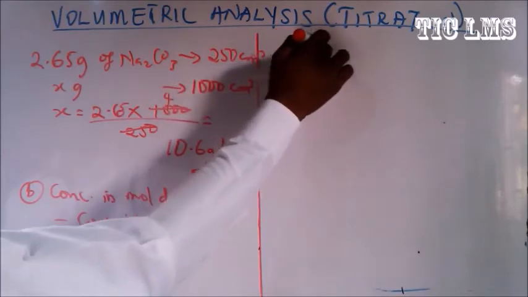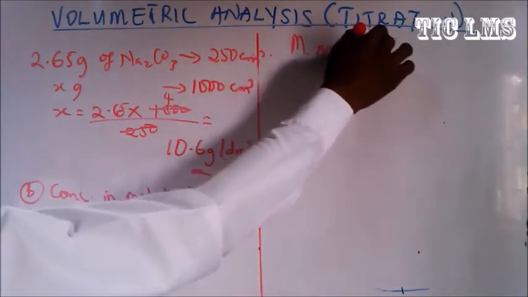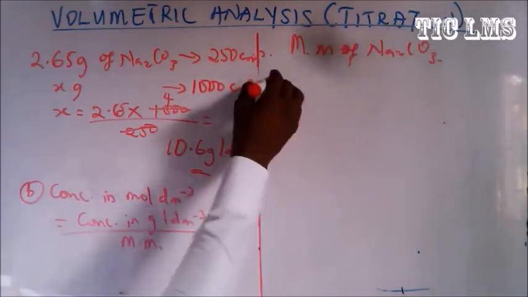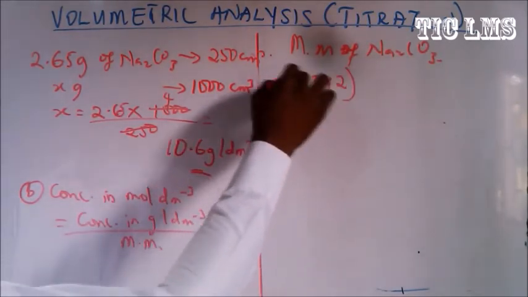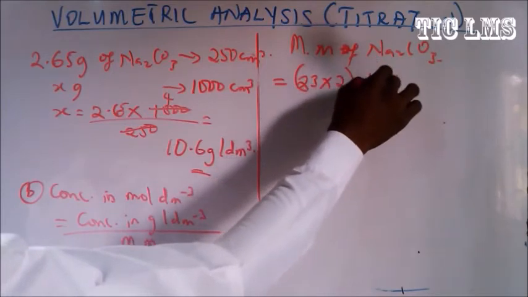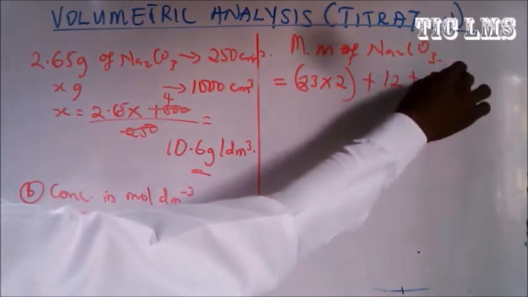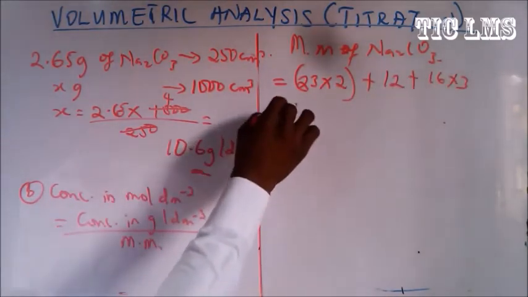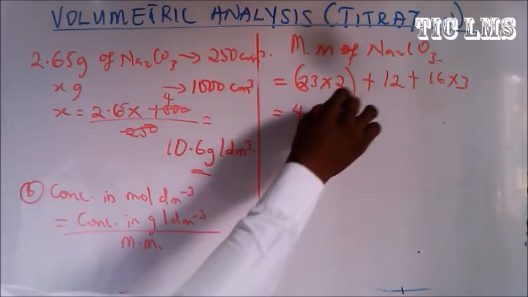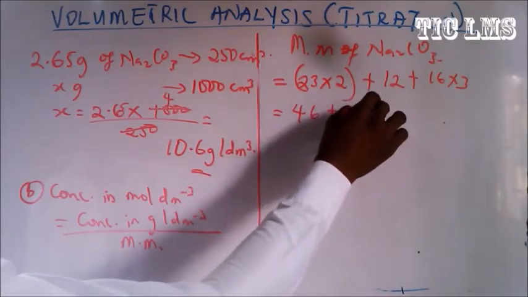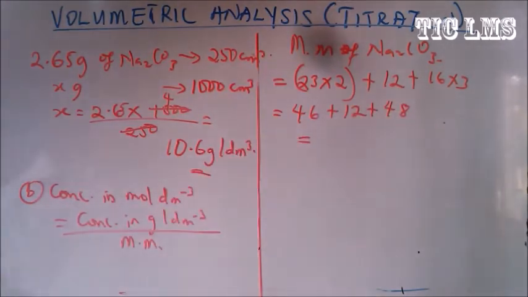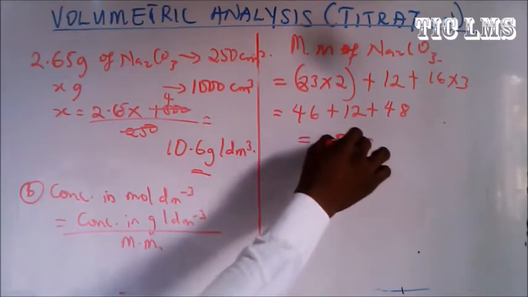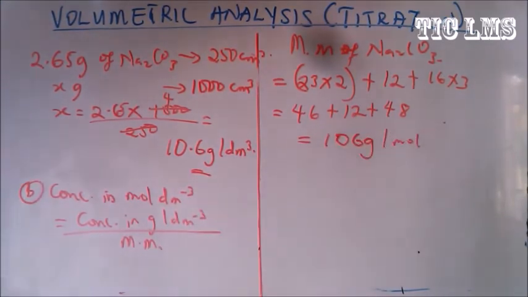The molar mass of Na2CO3: the sodium is 23 multiplied by 2, plus carbon, which is 12, and then 16 times 3 of oxygen. So we have 46 gram plus 12 plus 48 grams. And when we add all this, it yields 106 gram per mole.